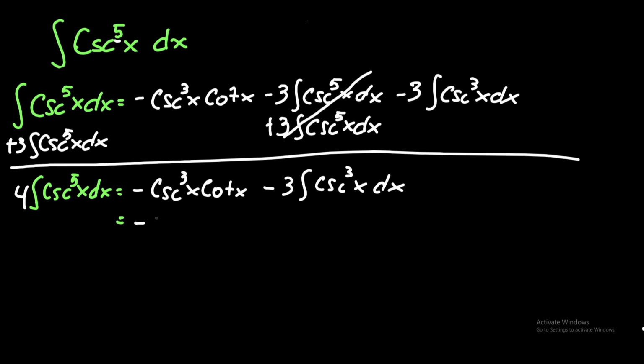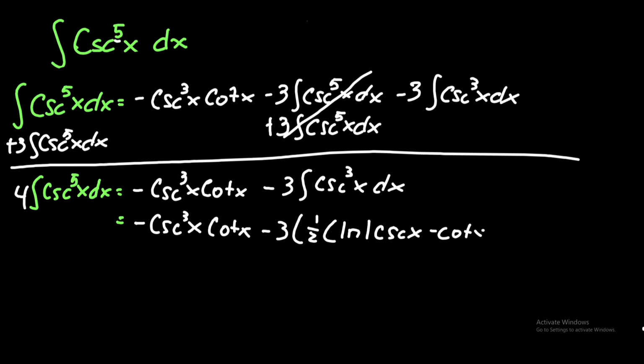And so the next step here is to get the integral of cosecant cubed of x dx, which we had solved earlier, and the answer of this would be 1/2 multiplied by the natural log of cosecant x minus cotangent of x, subtracted by cosecant x multiplied by cotangent of x, plus c.